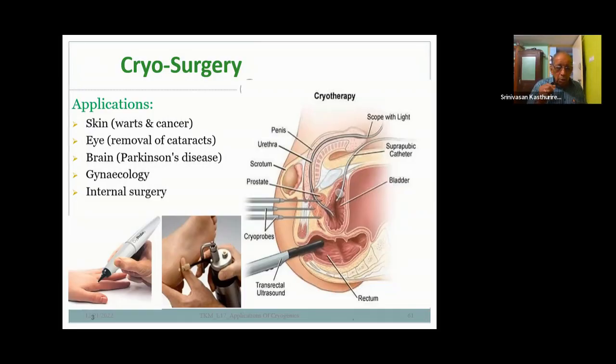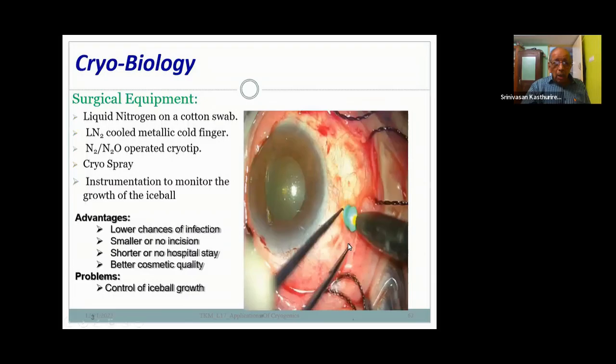Essentially, you require a spray arrangement for cooling the specimen. Here it is shown how exactly cryotherapy is done. Now, what about cryobiology? The liquid nitrogen is used on a cotton swab. LN2 can be cooled using a metallic cold finger, or you can also use a cryo tip.